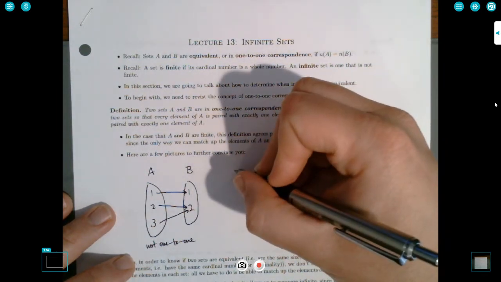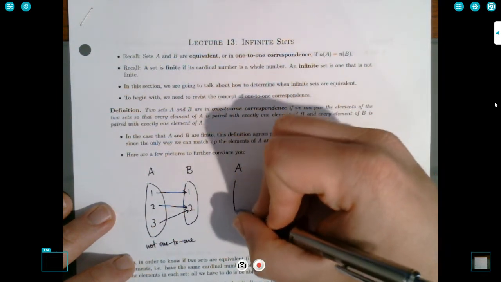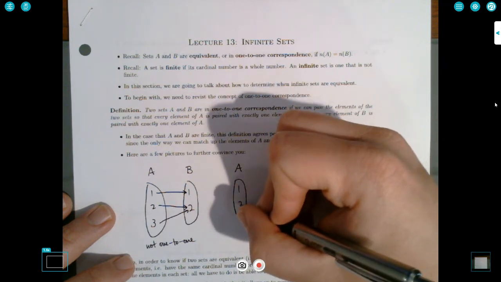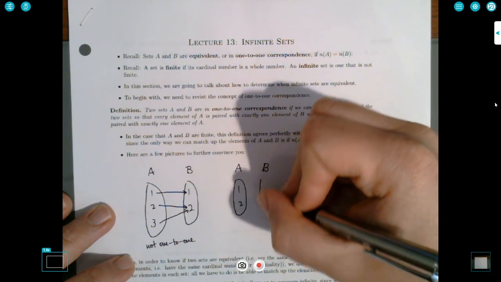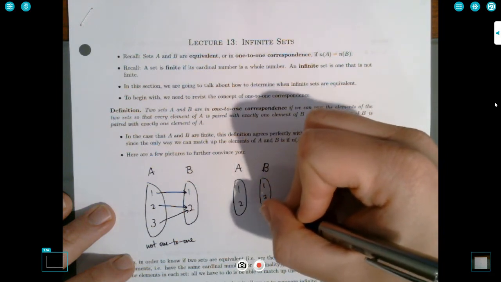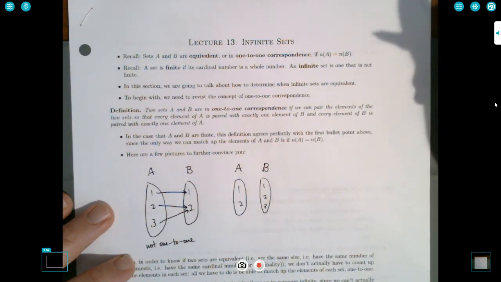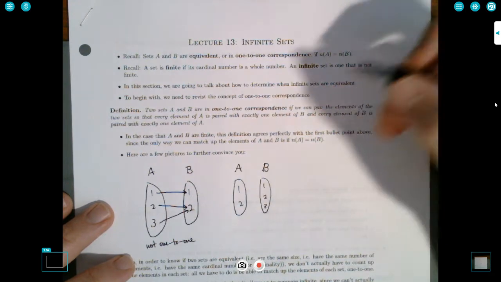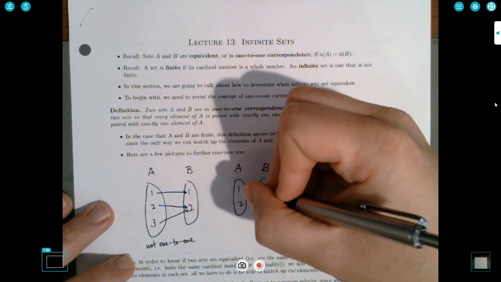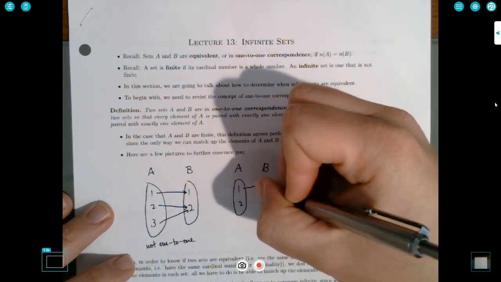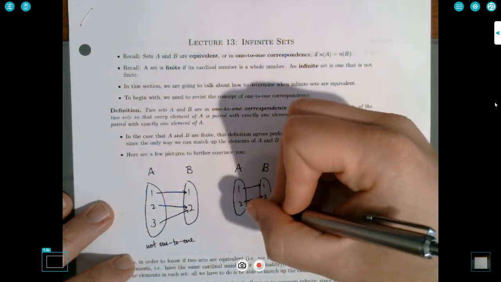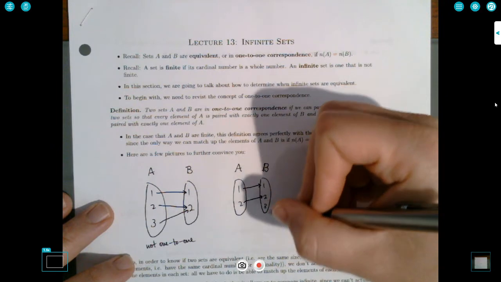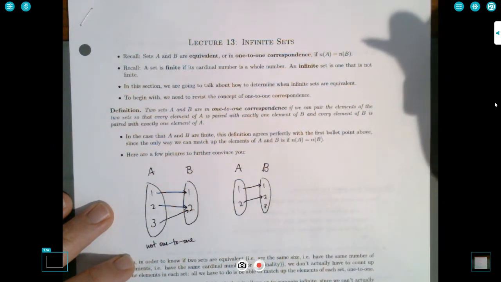Okay, let's say that A is the set 1, 2, and that B is the set 1, 2, 3. Okay, can we do a one-to-one correspondence this way? Well, no. We could send 1 to 1. We could send 2 to 2. But then 3 isn't getting matched up with anything, right?